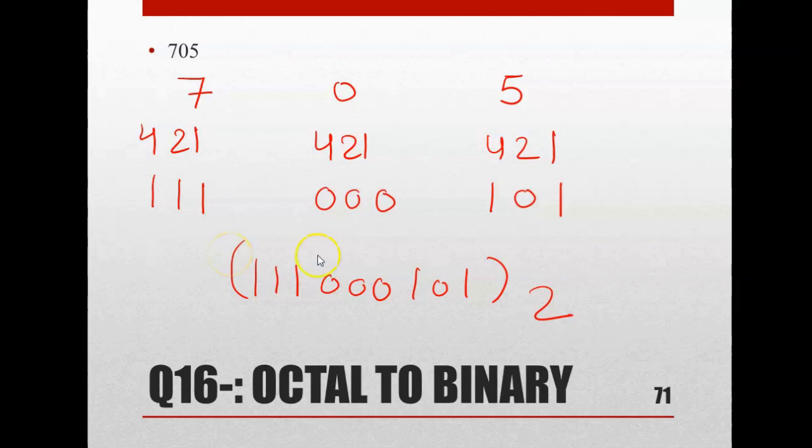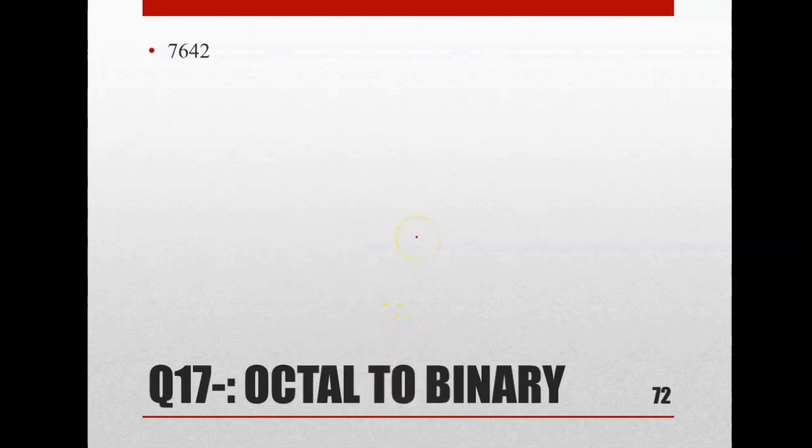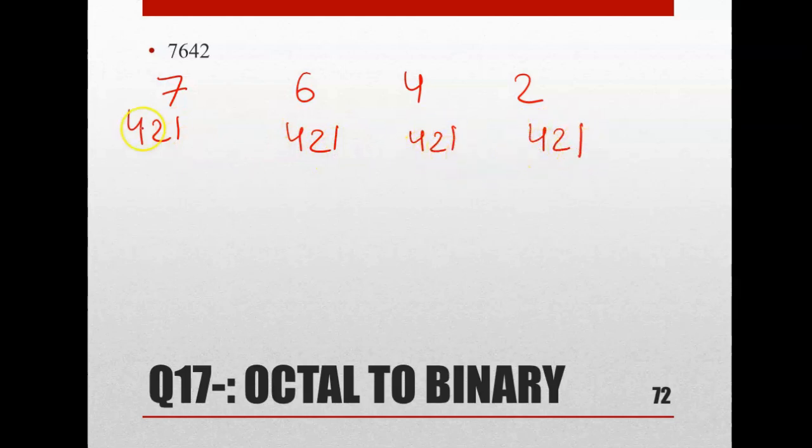Let us move to our next question. So next question is question number 17. In this they are asking us to convert octal to binary again. So let us start doing it. Just separate all the digits. Now I think you are more comfortable, so we can do it quickly. So write 4 2 1, 4 2 1, 4 2 1 and 4 2 1 for the individual digits.